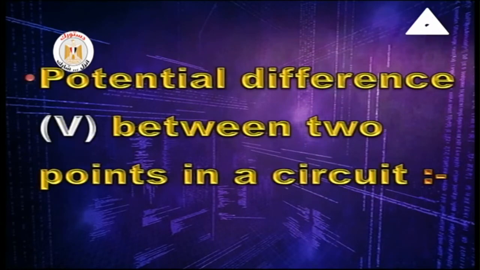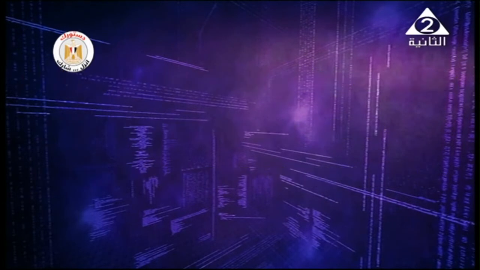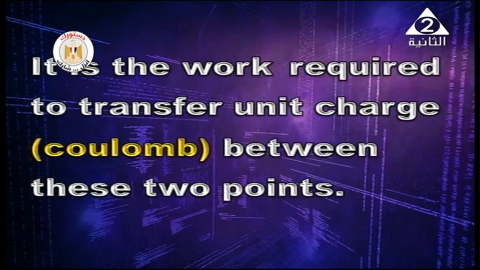And what about the voltage, the potential difference between 2 points in a circuit? Potential difference is denoted by capital V, and it is the work required to transfer 1 coulomb between these 2 points.